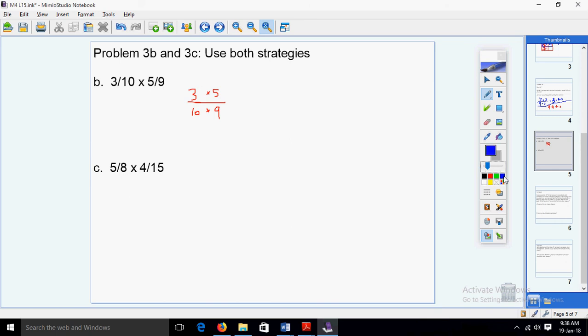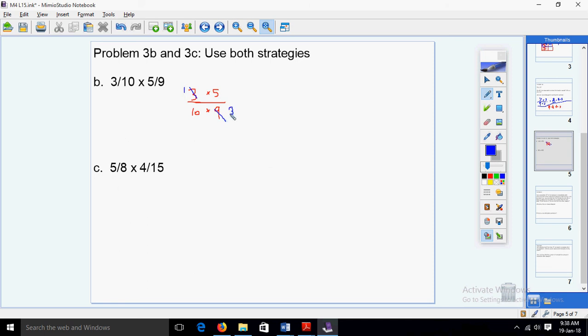Now this one is a little bit special because you can actually reduce twice. I guess we could have done it on the other one too, but anyway, we're going to do it on this one. If you notice, I have 3 and 9 here. There's a number that goes into both of those, 3. So 3 goes into 3 one time, 3 goes into 9 3 times.